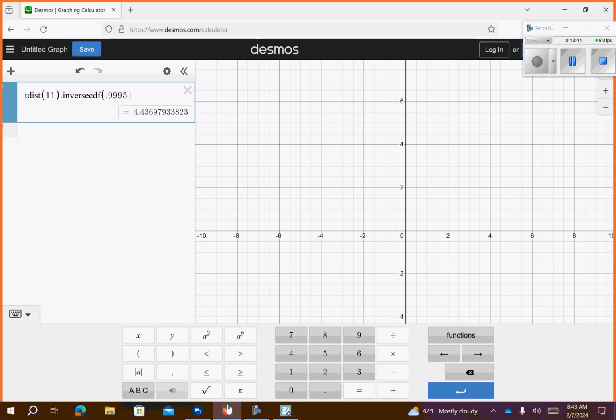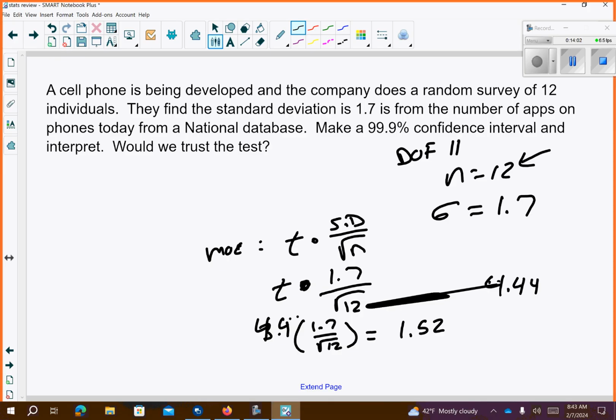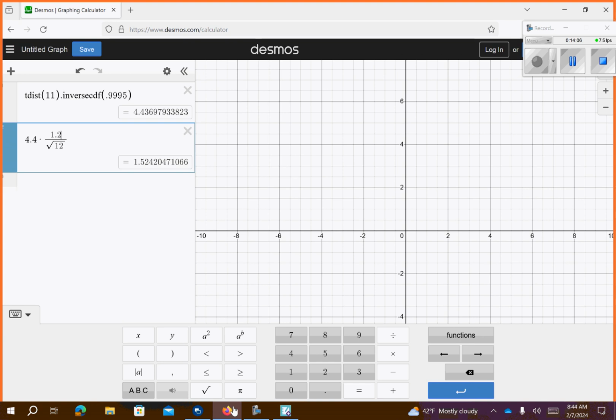So 4.4. I'm going to go 4.4 times 1.7 divided by the square root of 12. Did I plug in wrong? It's 1.7. That's 2.16. All right.